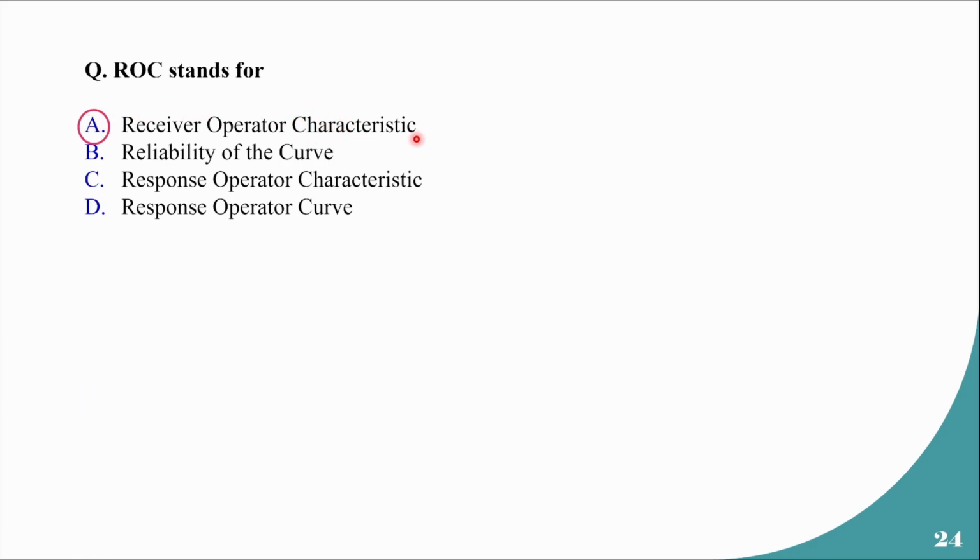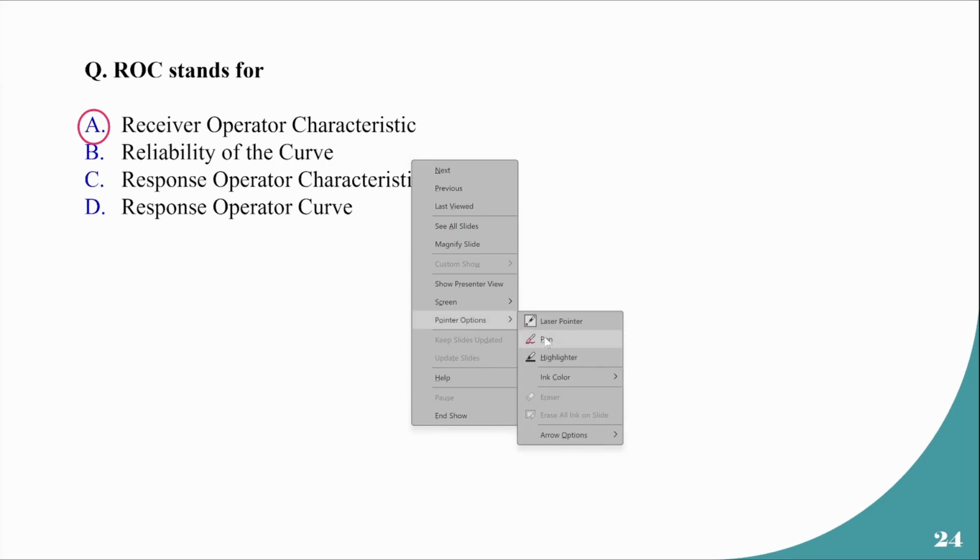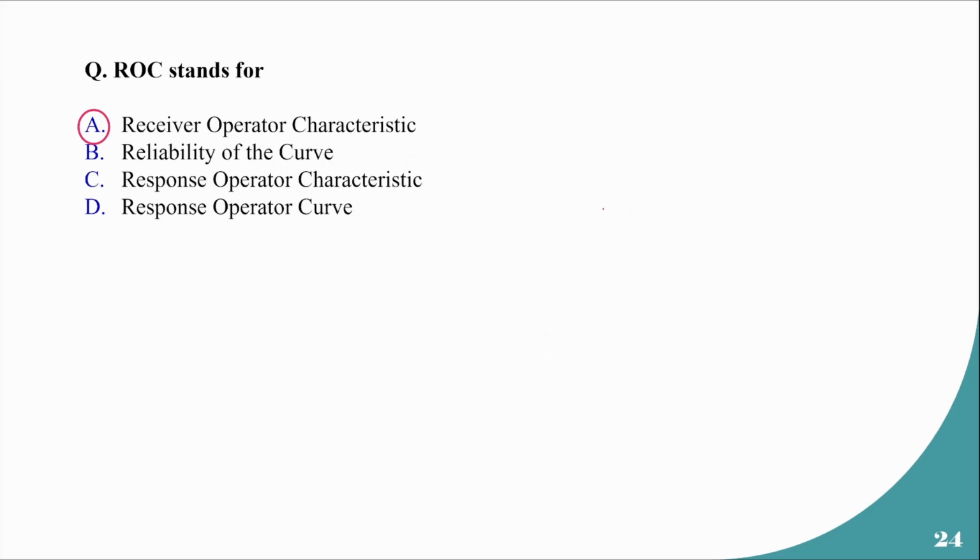If we take a look at what it is, it is a plot where on the x-axis you have the false positive rate, and on the y-axis you have the true positive rate. And there is a curve that is maybe something like this. That is what an ROC curve typically looks like.